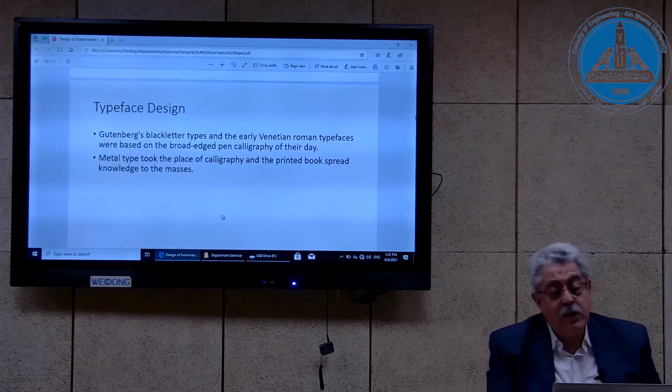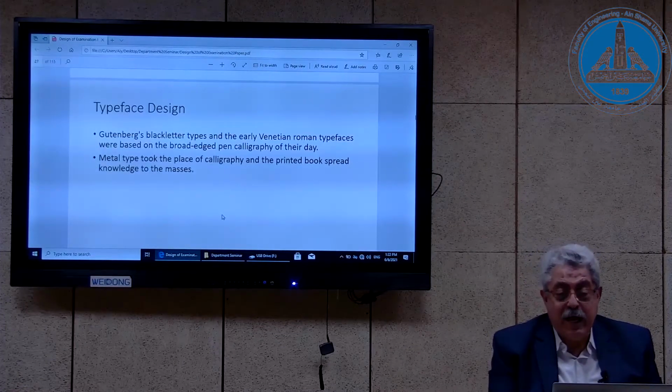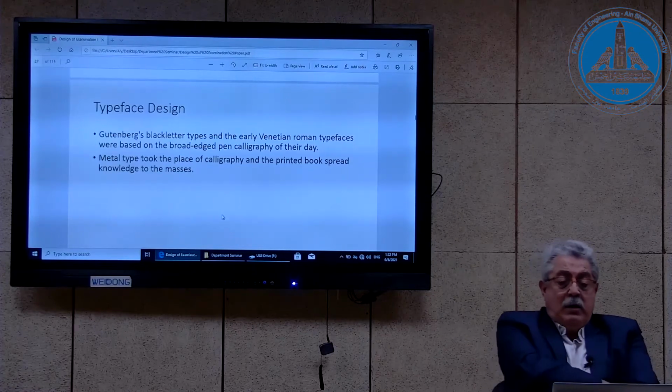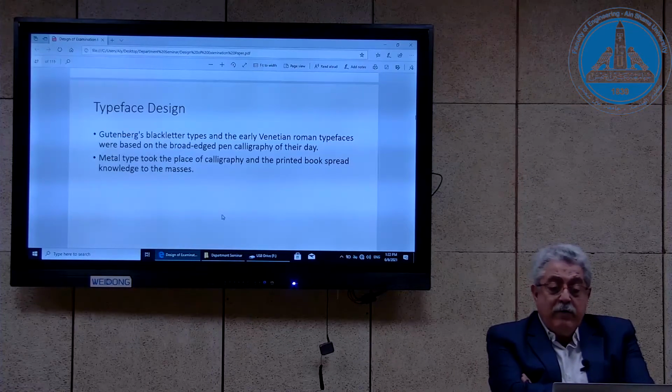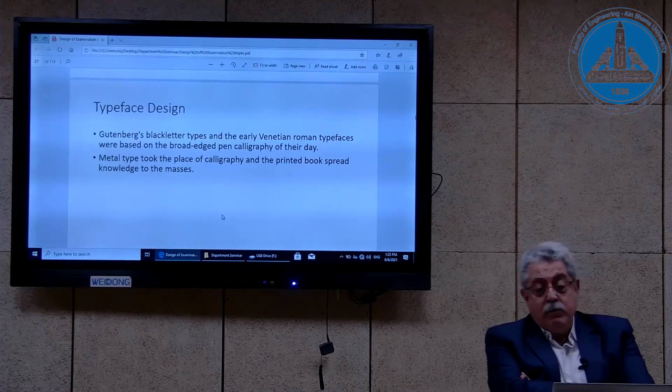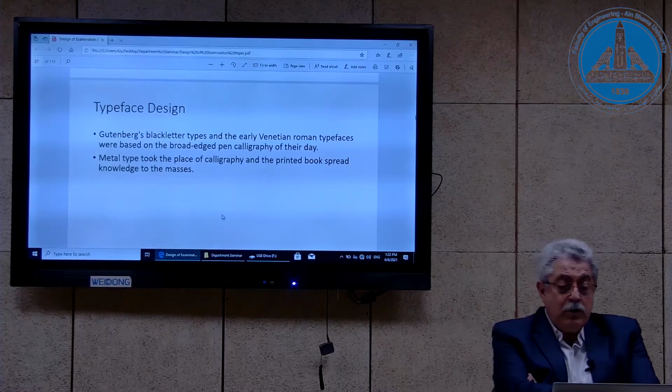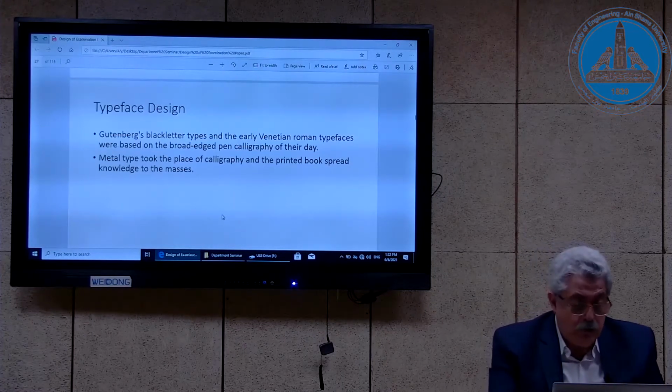The design of Gutenberg's black letter types, Gutenberg being the man who invented typesetting, and the early Venetian Roman typefaces were based on the broad-edged pen calligraphy of their day. Metal type took the place of calligraphy, and the printed book spread knowledge to the masses because of Mr. Gutenberg.